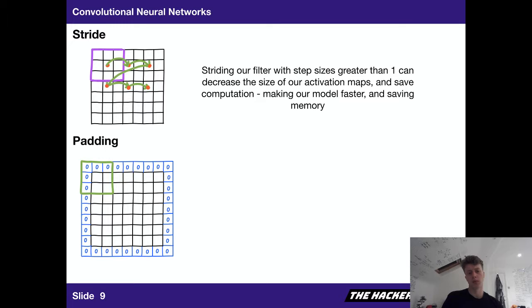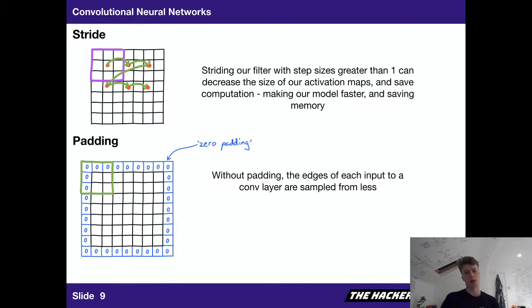Padding is, like I said, what we do to the edges. In this case, what we've done is zero pad the edges. And so without padding, the edges of each input to a convolutional layer are sampled less. So if we didn't have this padding, as in this top example here, then this top left feature would only contribute to the output of one convolution, which is where this purple filter is.